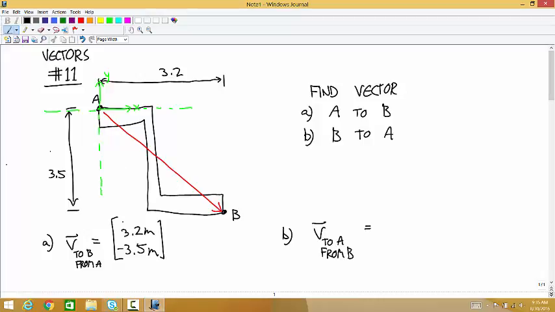Or since we already have from A to B, it's just the negative of this. So it's negative the vector from A to B, which is negative 3.2, positive 3.5.